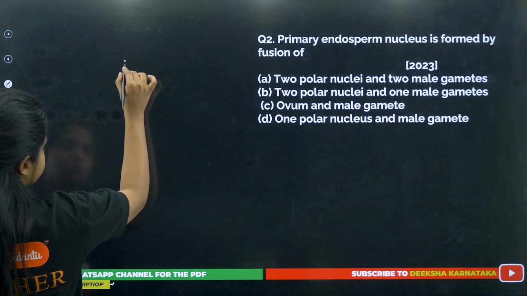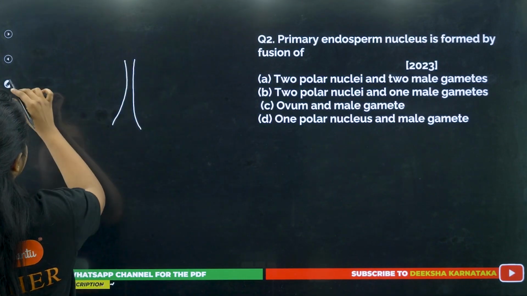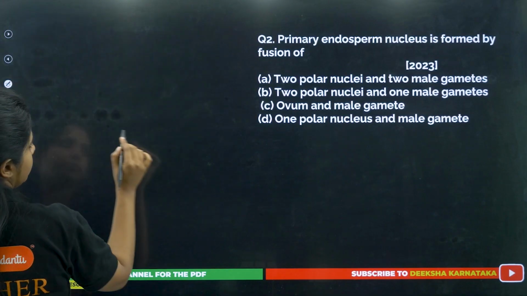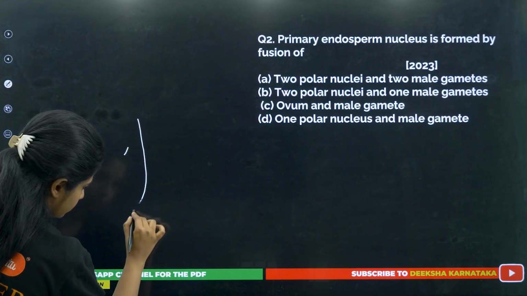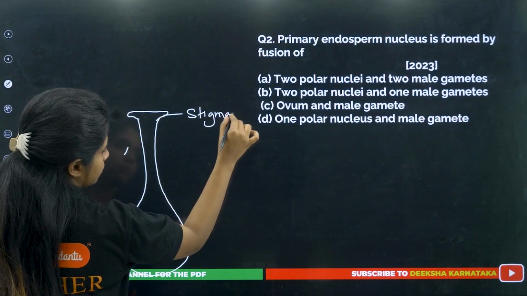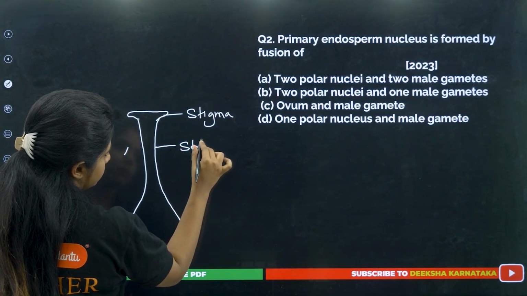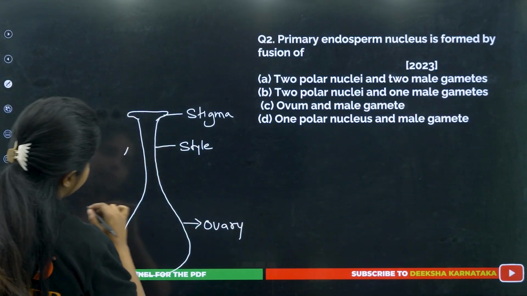So over here, this is the stigma, this is the style, and this is the ovary.